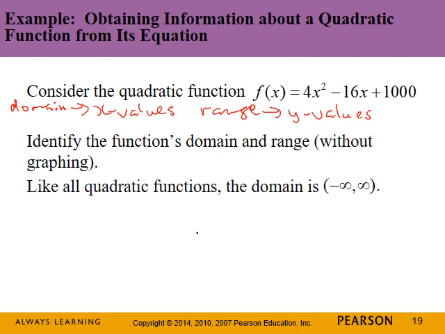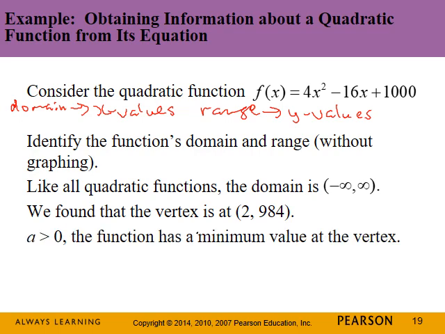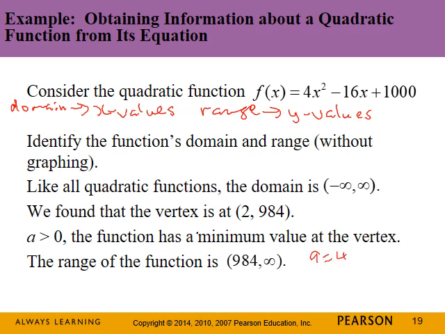It says like all quadratic functions, domain is negative infinity to positive infinity. We found the vertex at 984. It has a minimum value at the vertex, and the range is from 984 to positive infinity. So remember, we said that this is a positive A because A was 4. Remember in the function A equals 4 from the top?